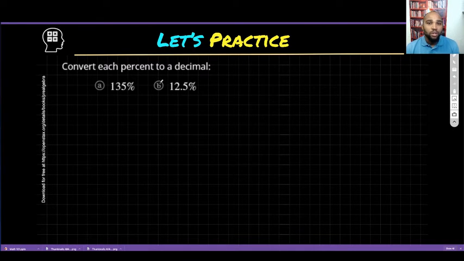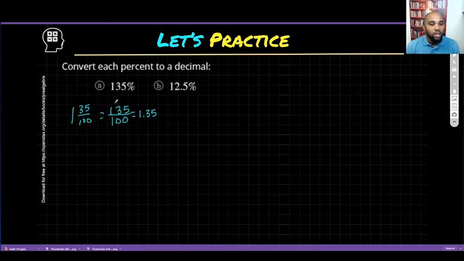All right, let's do these as well. I would try to pause it here and work these before I work them to see if you're catching on. How would you do 135%? Well, just take 135 per 100. And there you go. It's that simple. This says percent to a decimal, so we're going to make this in the hundredths place. So this is going to be 1.35. That was kind of interesting, right? Because if we put this as a mixed number, we really are looking at 1 and 35 over 100.